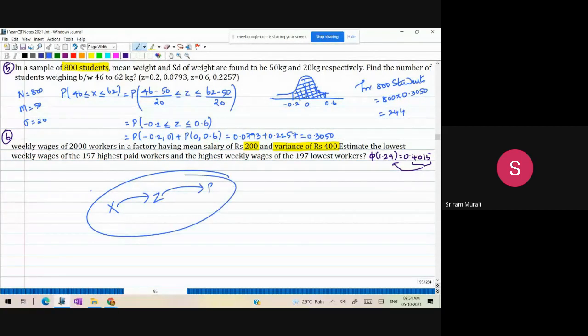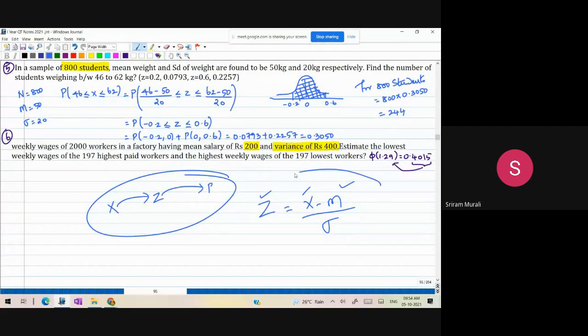Now onwards, you will be given Z value, mean, sigma, and you have to find X, or you will be given Z, X, sigma, and you may have to find mean, or Z, X, mean, and you may have to find sigma.